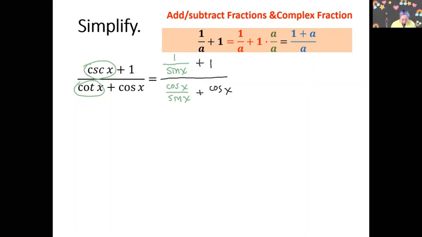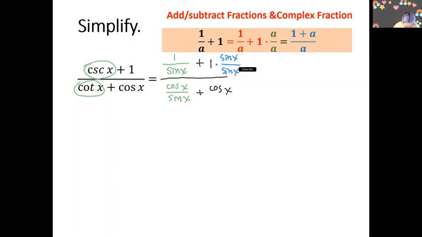So if you understood that, then for the step that we have right now, I can multiply here 1, it's going to be sine x over sine x.